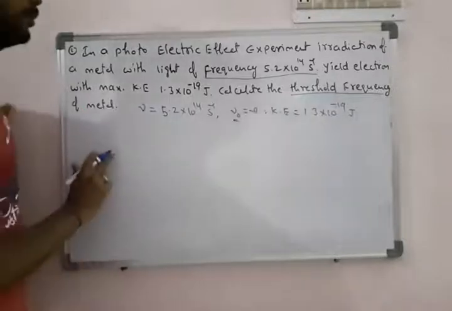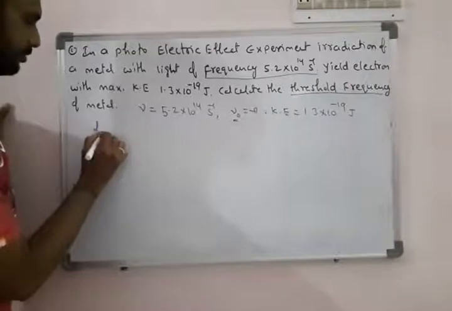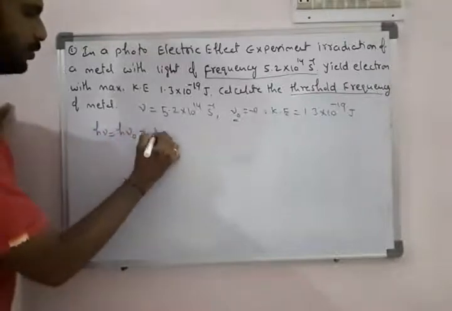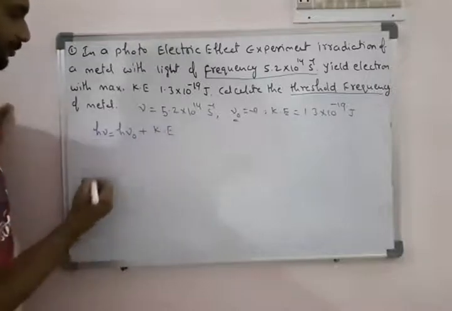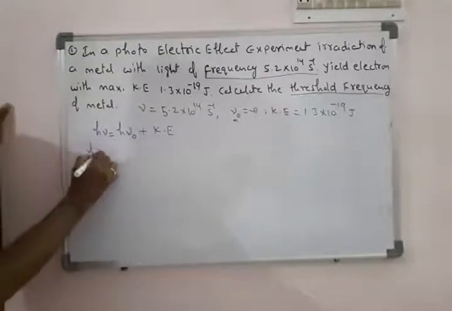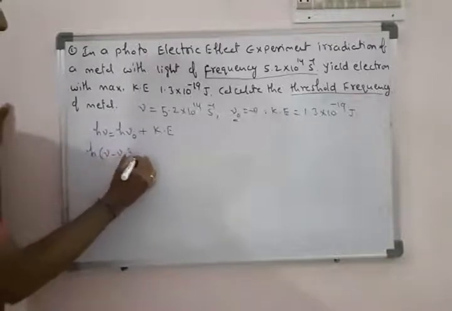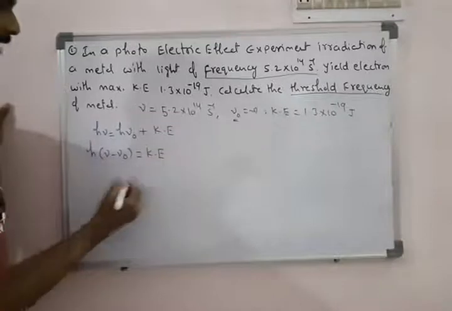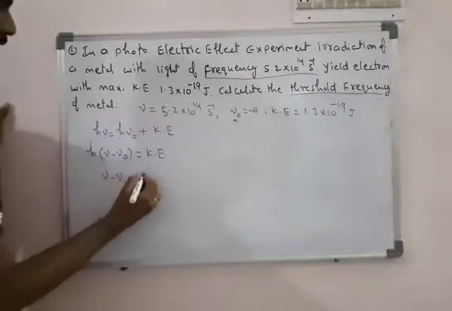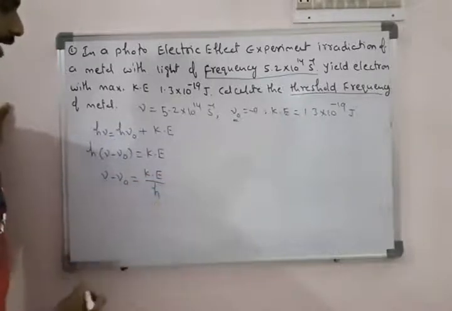So what is the photoelectric effect equation? That is h nu is equal to h nu naught plus kinetic energy. Here h nu naught is the threshold energy, and nu minus nu naught becomes kinetic energy by h.